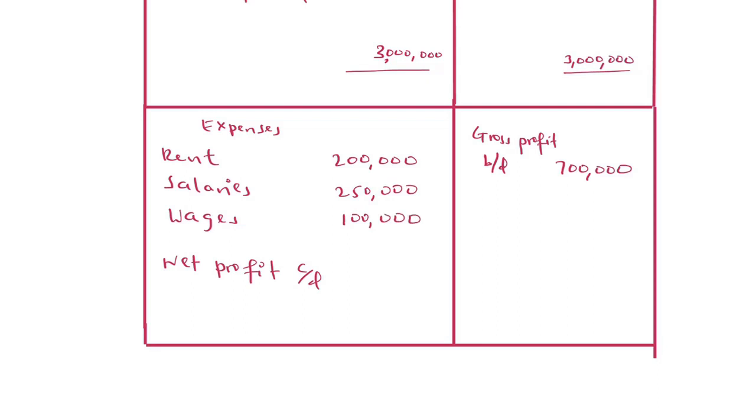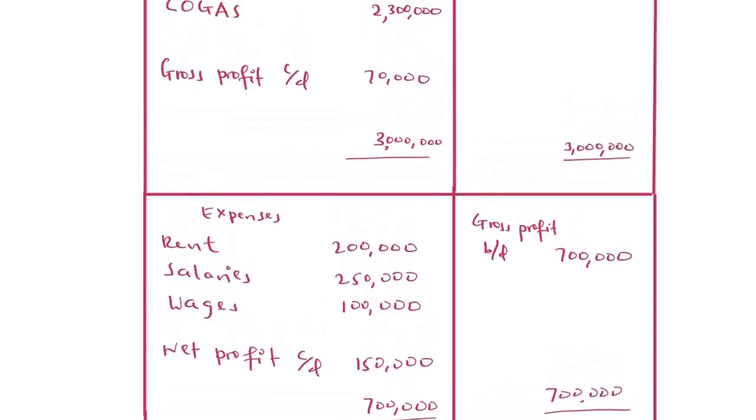And then after completing all the expenses, we are going to compare the total of expenses with the gross profit brought down in order to find the value of a net profit carried down. So finding the value of a net profit, the value here is going to be 150,000. So finalizing our profit and loss account, the total here is going to be 700,000, and also here is going to be 700,000. And this is going to be our trading profit and loss account.